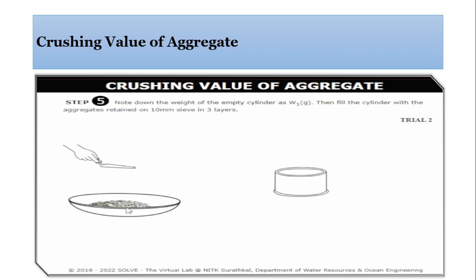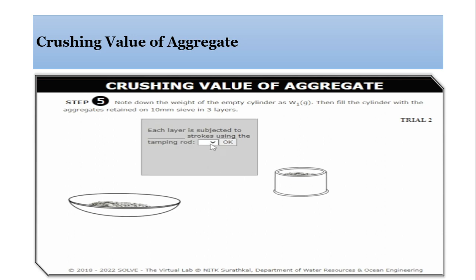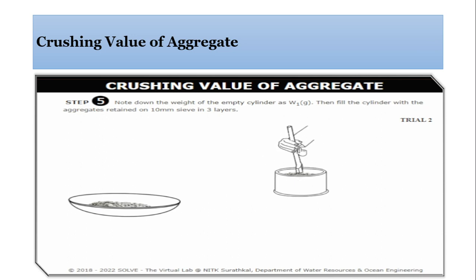Again, in the second trial, we take the 10 mm sample and fill the mold in 3 layers, each with 25 tampings.